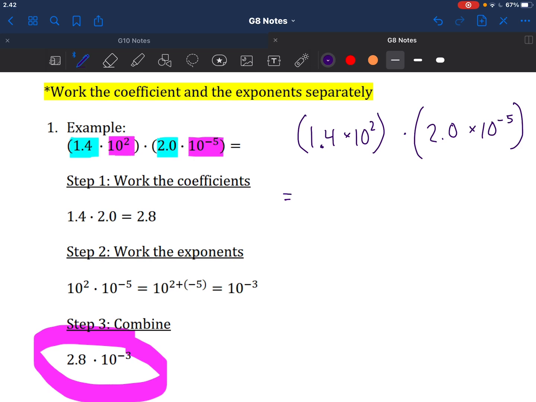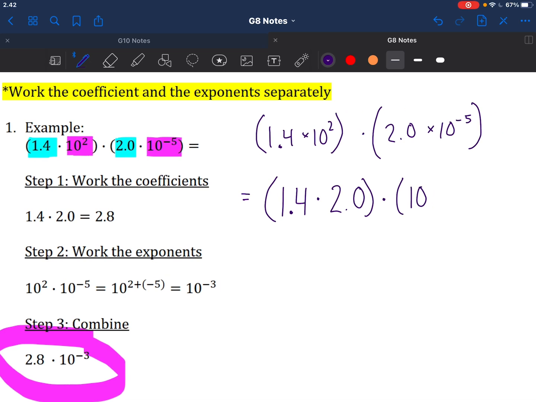As you guys may know, we can pull out stuff when we're multiplying, right? So I'm going to rearrange the coefficients to multiply by each other, and I'm going to multiply the times 10 to the power of somethings together as well. So this is easy. 2 times 1.4 is 2.8.